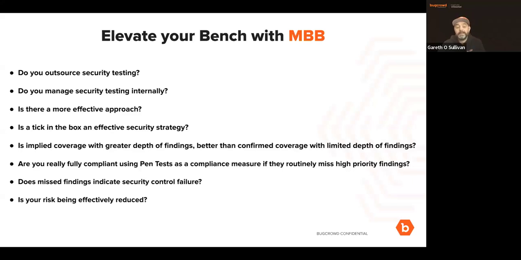Are you truly compliant by running those checkbox pen tests as a compliance measure? Is that real compliance? It's certainly probably not real security, and obviously that's an ongoing thing. But we do find, like I said earlier, that some of the testing methodologies that are routinely employed often miss high priority findings.